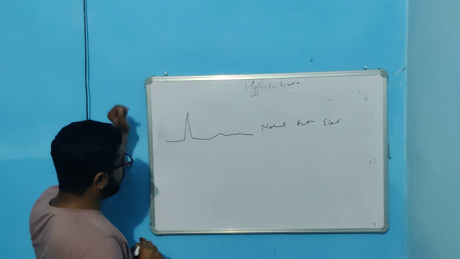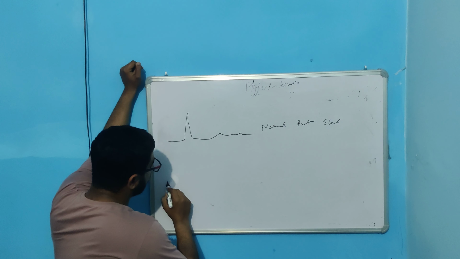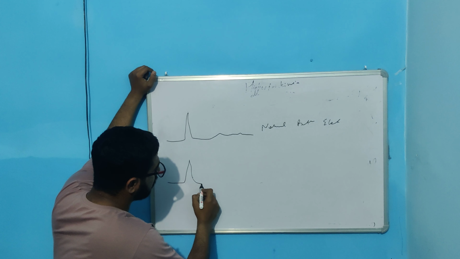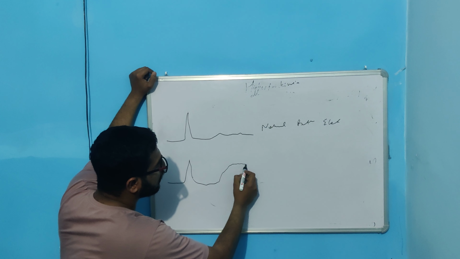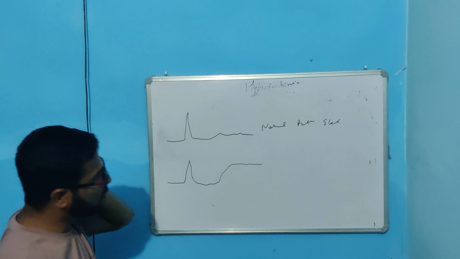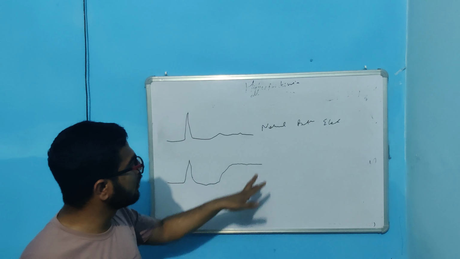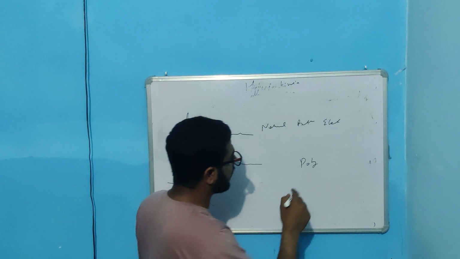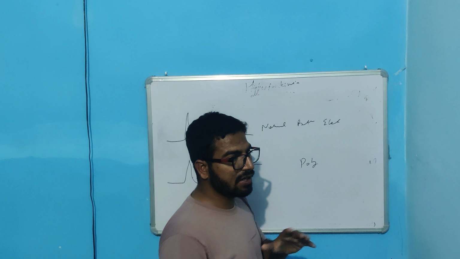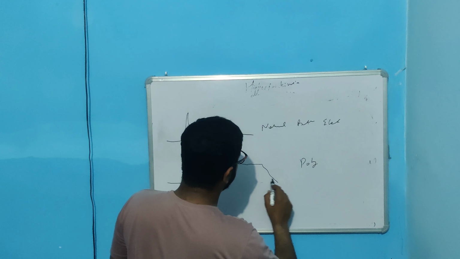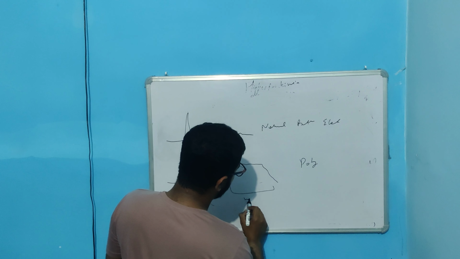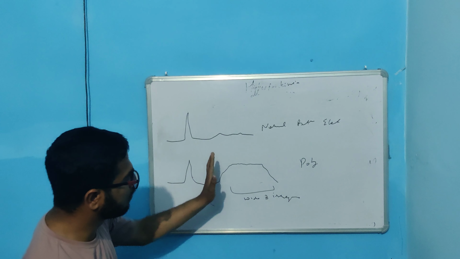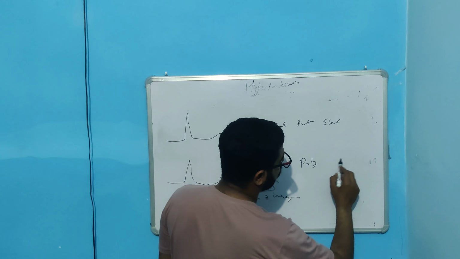In polyclonal gammopathy, there will be a decrease in albumin as compared to normal, and there are different types of antibodies, because in polyclonal, as I told you, different clones of different cells are there. These clones produce different antibodies, so there would be a wide base and irregular region in the polyclonal gammopathy electrophoretogram.